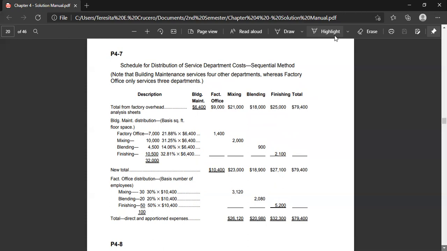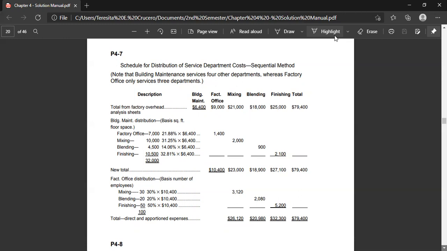So the difference between the direct method and the sequential method: in the direct method, regardless of whether the service department serves the other service department or not, you just distribute the cost of the service department directly to the producing departments.